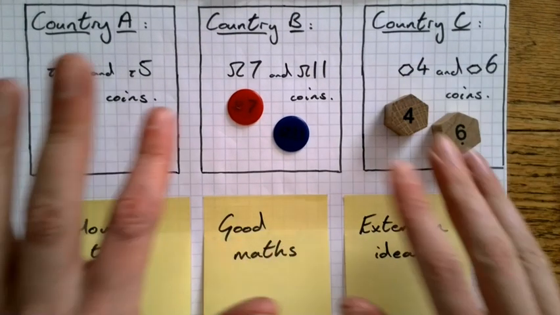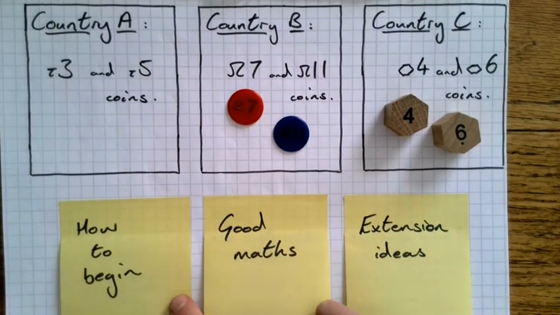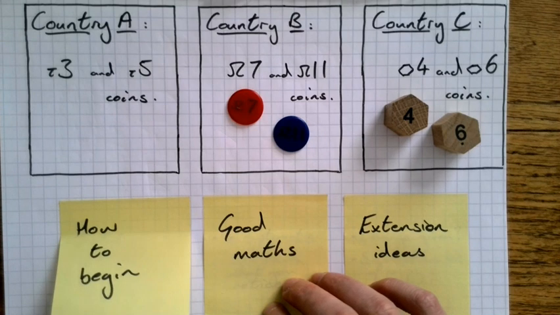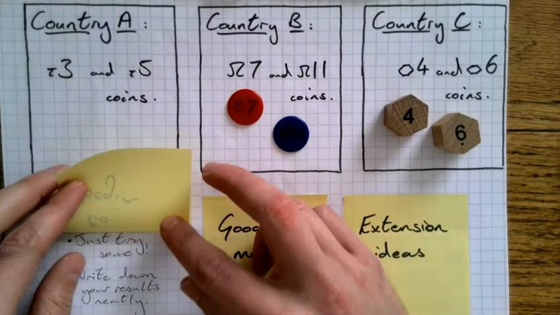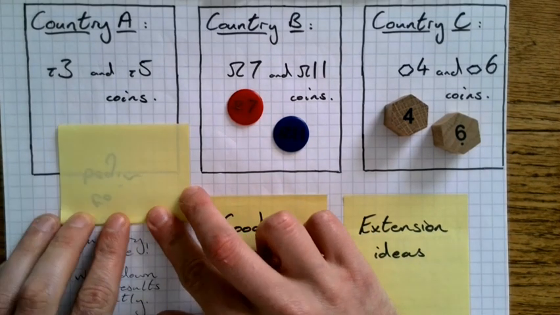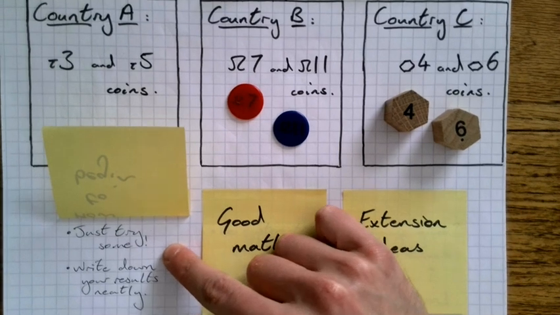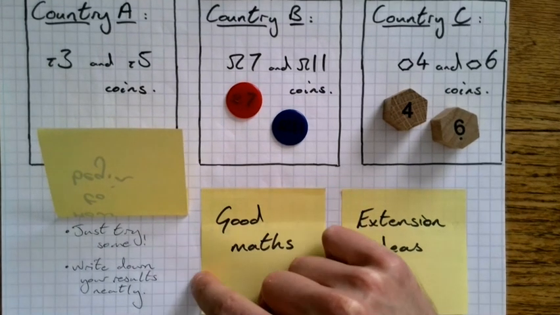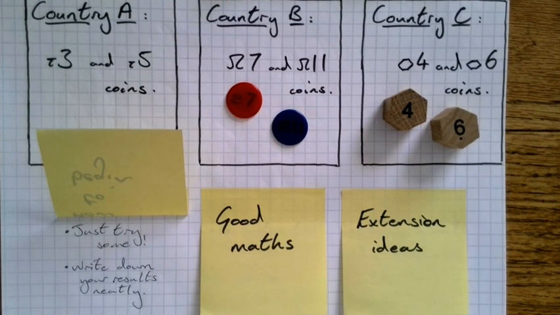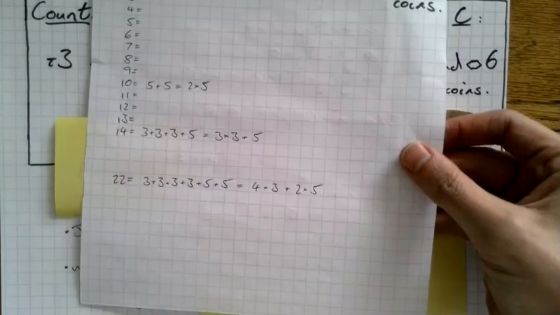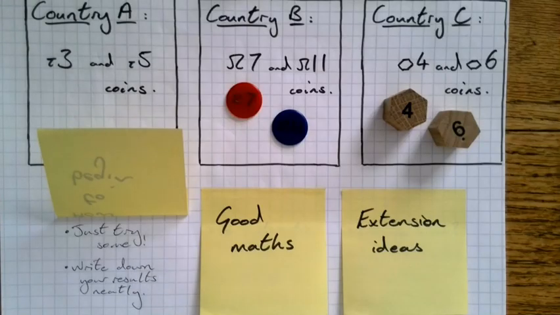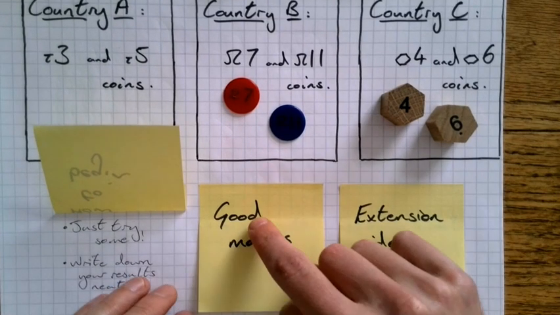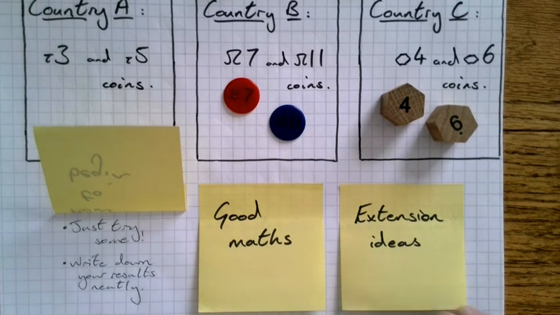Now I've got some ideas here to help you. How to begin these? Well, I've shown you how to begin these. The best way is to just try some. Just have a go. And anything that you find, write it down neatly so that you don't lose it. How to be a top quality mathematician like I know you are?